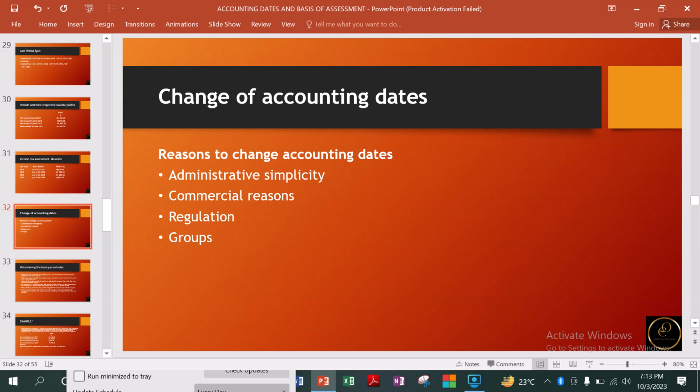So sometimes the change of accounting dates could be as a result of regulation change. Regulation has changed, requiring you to report over a certain period, or the accounting date should be a particular date, as regulated by that particular authority. So that could be a trigger for change of accounting dates.